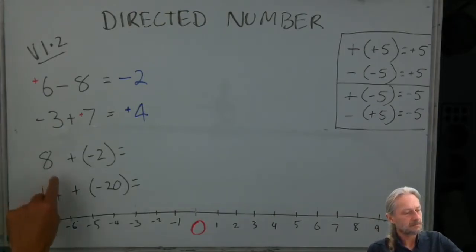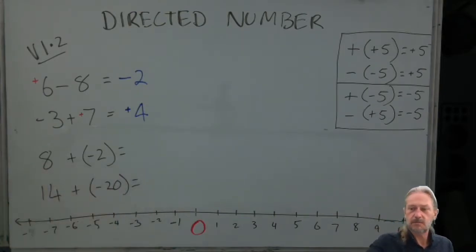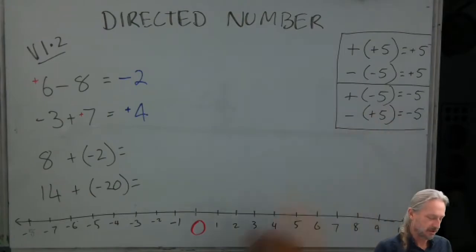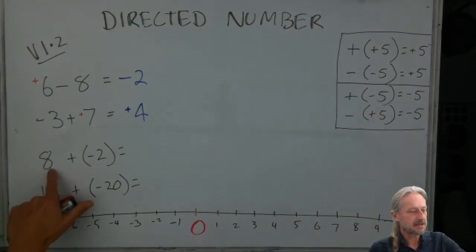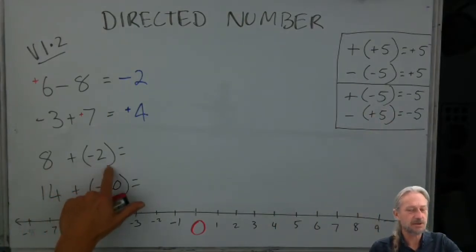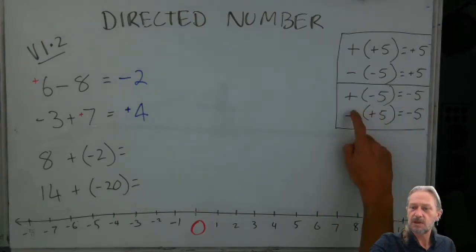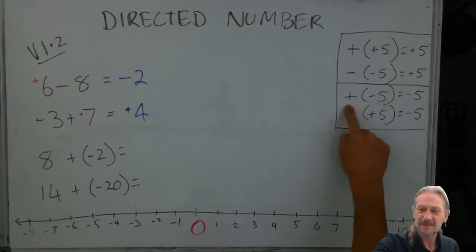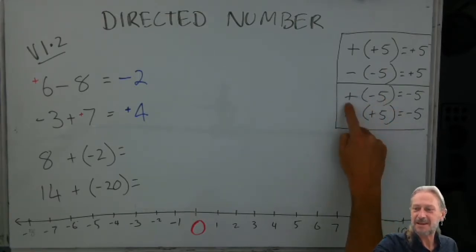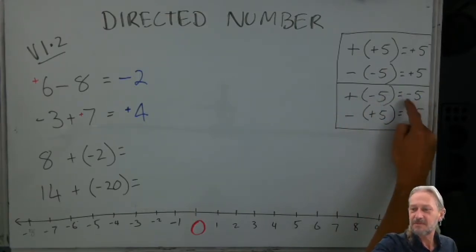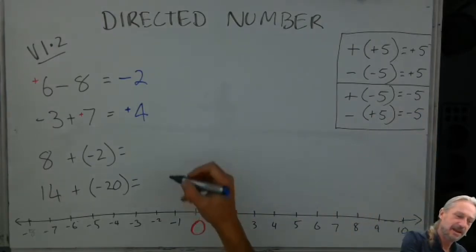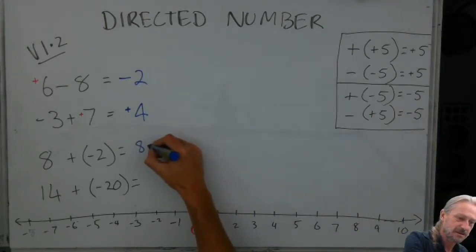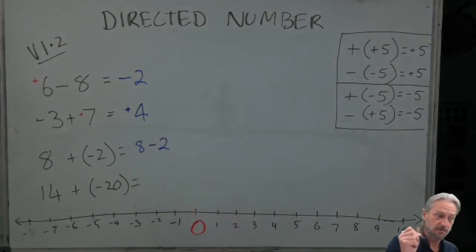Really, using this sort of thing that we were doing before, this 8 plus -2, because we have a plus and a negative together, we could write this as 8 take away 2.